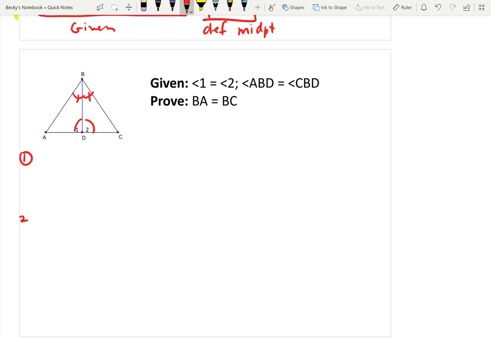And it's the same thing that we had before. We have this side here in the middle. And that was called being reflexive. So look and see what we have. Do we have 2 sides and an angle, or 2 angles and a side? And hopefully you're saying we have an angle, a side, and an angle. So this is angle, side, angle.